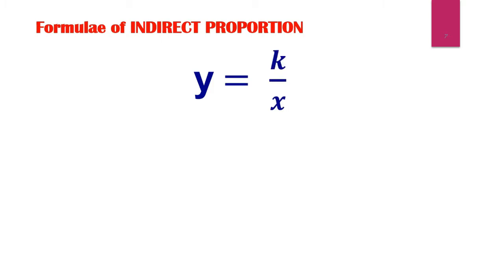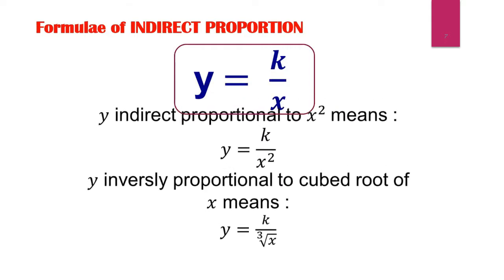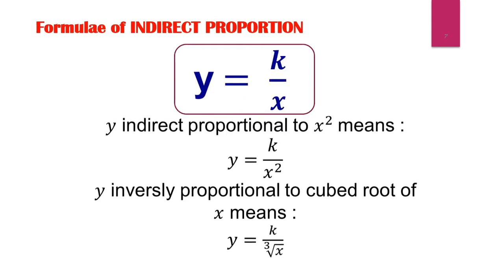I think it's very clear, students. Look at the examples below. Y indirectly proportional to x squared means y equals k over x squared. Y inversely proportional to cube root of x means y equals k over cube root of x.